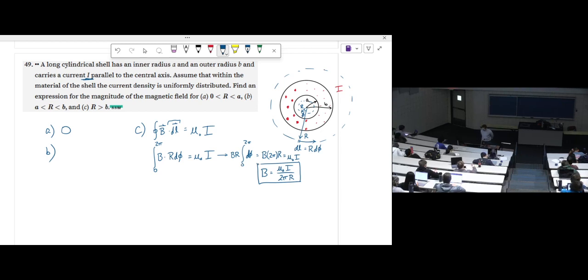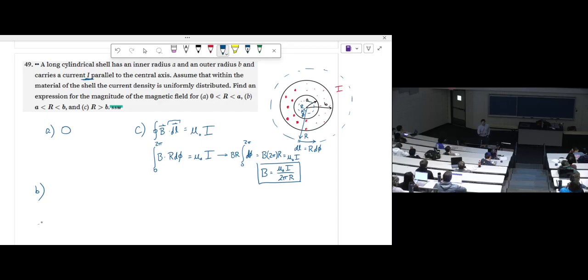The difficult thing is doing part B here. And why might I say that part B is the most difficult part so far? When I'm looking at r being between a and b, the problem is that I've only enclosed a small bit of the current.